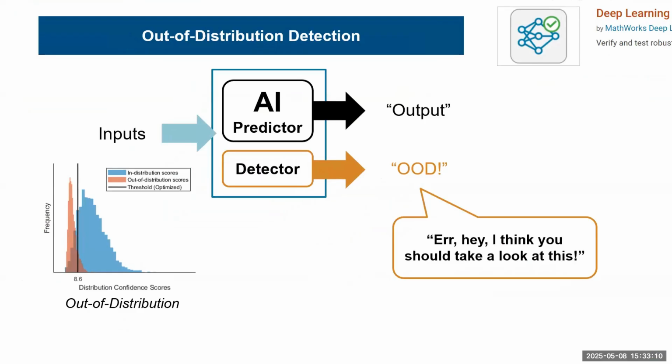So you can check these distribution confidence scores and see how different your AI model prediction is from the ground truth data, specifically for baseline testing and formal verification tests.